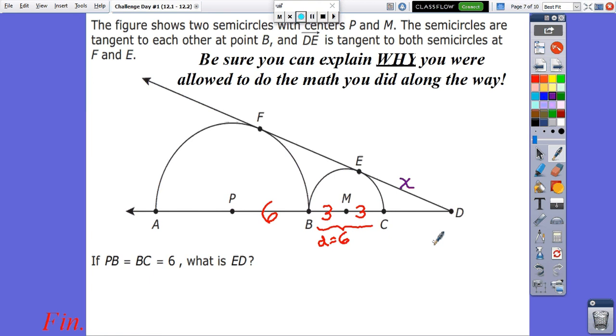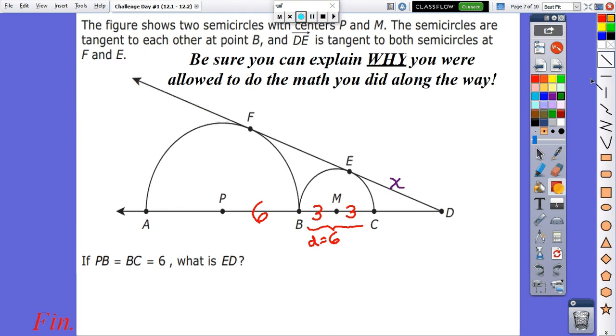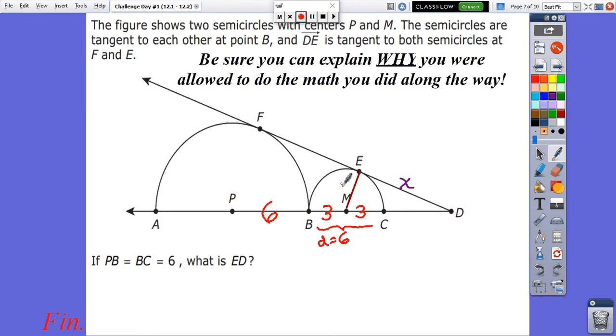Okay. All right. So what are we going to do here? What do you guys think? We always tend to draw in radii, right? So we could draw in this radius from E to M. We were told that this was tangent to the circle, so we know we get to draw in a 90-degree angle right there.